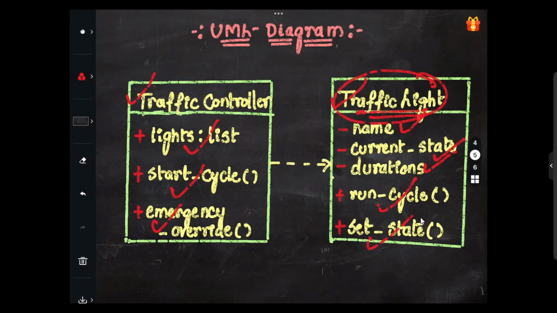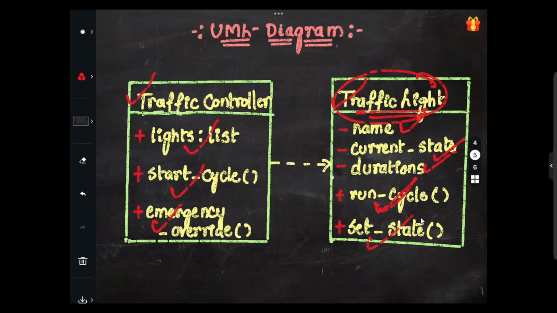As I mainly code in Java for CP or LeetCode and other stuff, I usually call it a helper method or methods. So we'll be going with two methods, run cycle as well as set state. This is going to be simple.